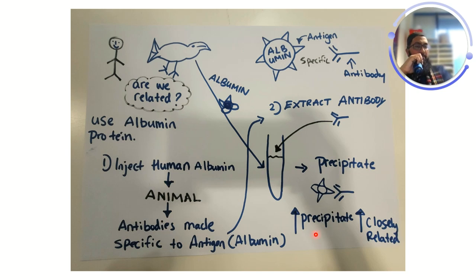Okay? So if it binds a lot, it causes more precipitate. That's telling me that me and the chicken, unfortunately, are closely related. Because why? Because the antibody is binding to the chicken's antigen, which means the antigen of the chicken is very similar to my antigen, which is not good news.